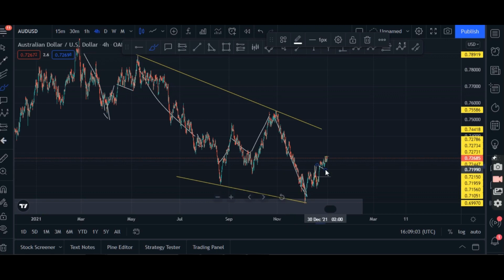So this is basically a resistance over here that should be forming, right, guys? According to how we've seen the market play out so far, because it's the first correction and second correction over here, and we can spot that this is basically our third correction.